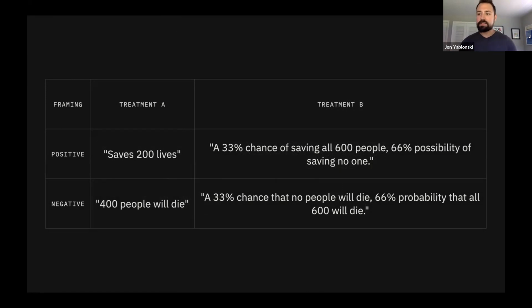The choice was then presented to participants either with positive framing, meaning how many people would live, or with negative framing, so how many people would die. And it was treatment A that was chosen by 72% of the participants when it was presented with positive framing. It would save 200 lives, dropping to 22% when the same choice was presented with negative framing, meaning 400 people would die.